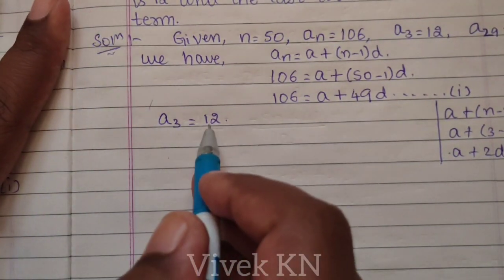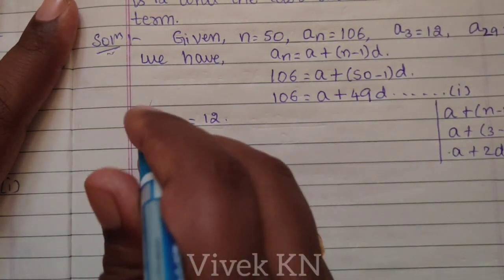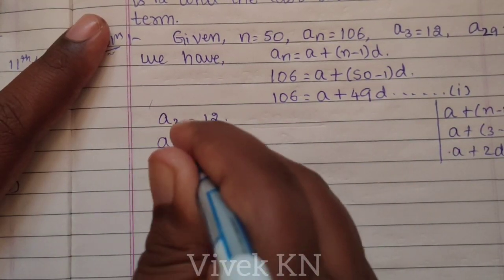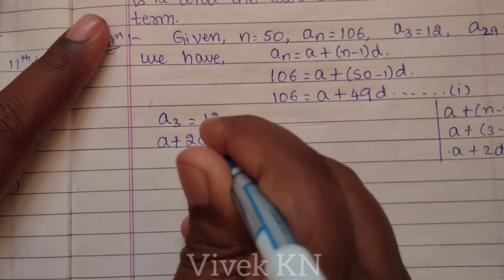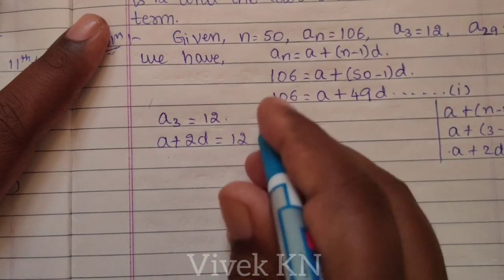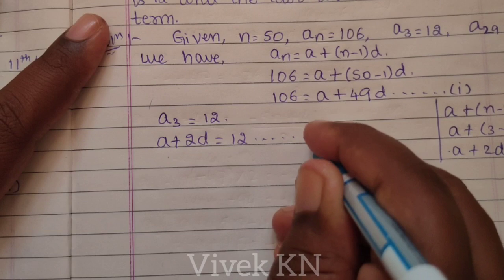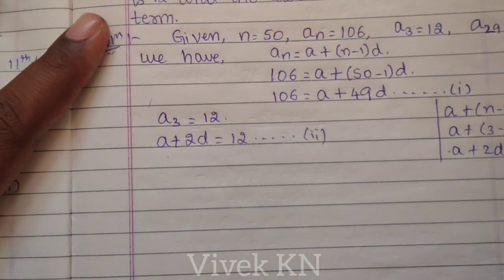The value of A3 can be written as A plus 2D. A plus 2D is equal to 12. This is equation 2.